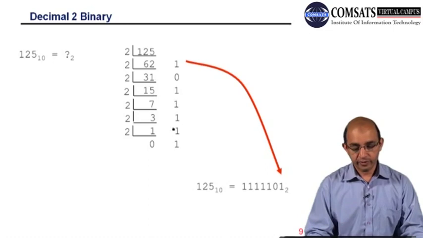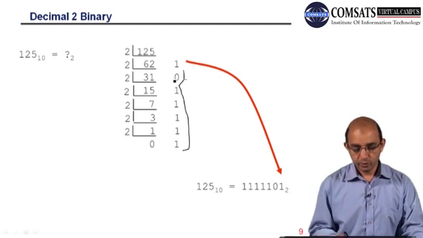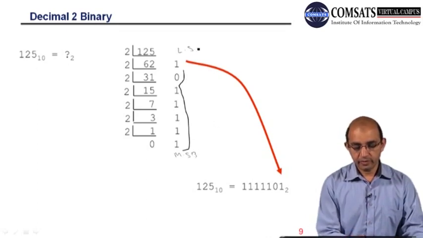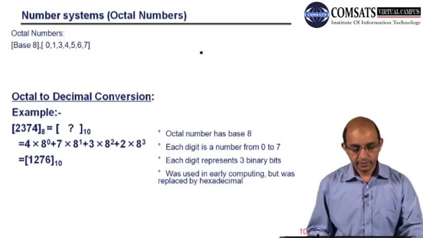We move like this, and we have to start from here. This is the most significant bit, and this is the least significant bit.